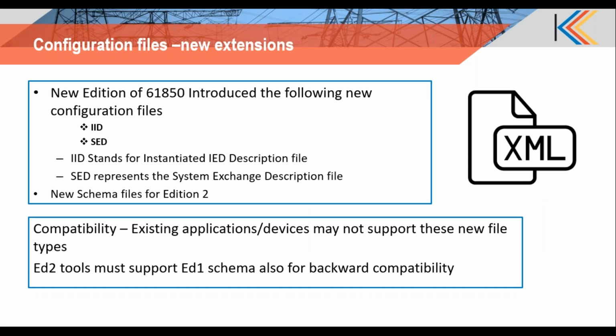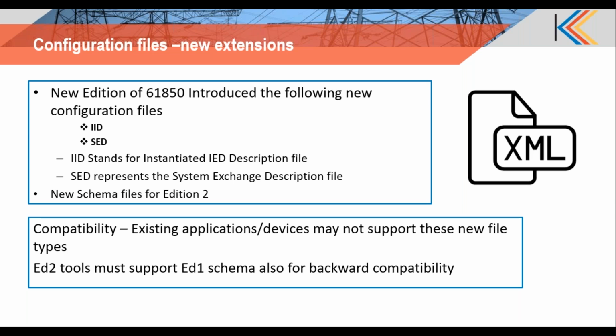So in edition 2 of IEC 61850-6, the SCL file, I've told that edition 2 introduced a few new configuration files. They are primarily the IID file and the SCD file. So IID stands for the instantiated IED description, and SCD represents the system exchange description file.